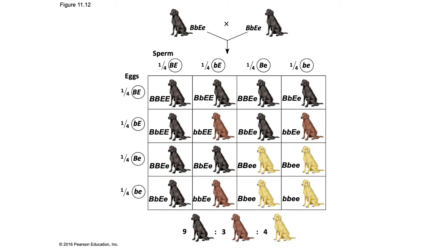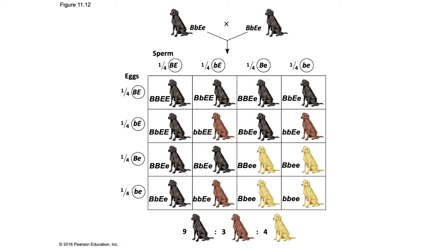The other gene controls whether or not the pigment that is produced by the skin cells of the Labrador retriever will be deposited into the hair of the Labrador retriever. In this image, the capital letter E stands for the dominant trait of depositing the pigment into the hair. The lowercase letter e represents the recessive trait of not depositing the pigment into the hair.